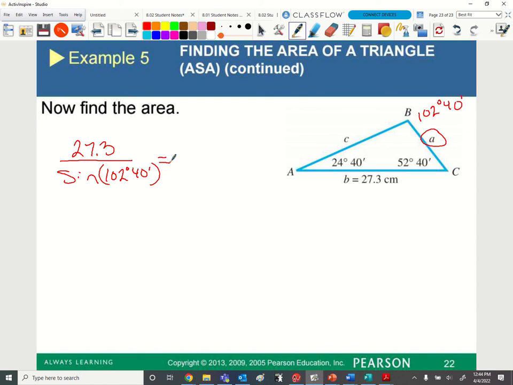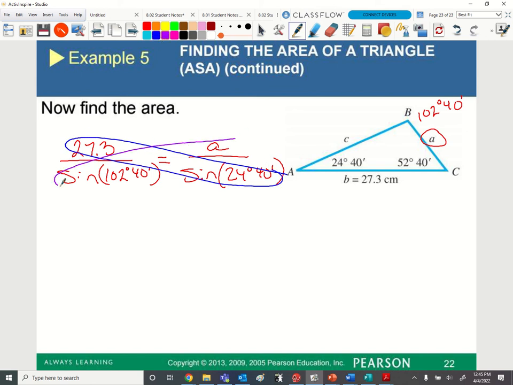And that's going to be equal to, now I'm going to solve for little a here, little a over sine of big A, which is 24 degrees, 40 minutes. That's the old formula we were doing before. This is the law of sines, where we do our cross products. So multiply this way, and then multiply this way.